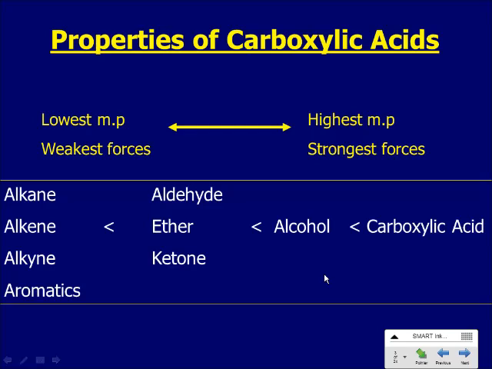So we've now added our carboxylic acids to that side, and if you wanted to put a title, remember we were putting some titles on these. These guys have London, they have dip-dip, and they also have H bonding. Now in the past I've said to you, don't put dip-dip and H bonding because they're two different things. If I'm talking about something like water, some people will say, what do I put there for the type of intermolecular force?